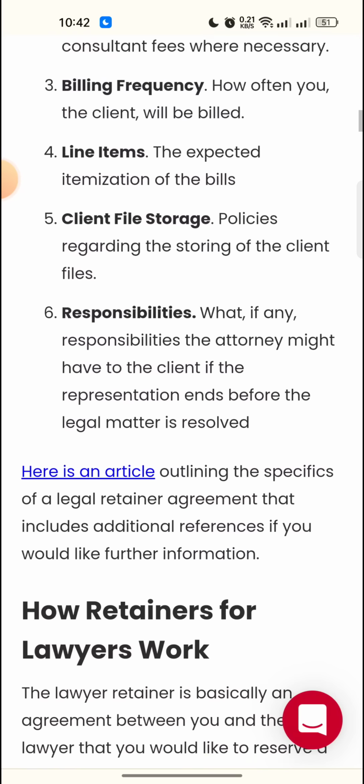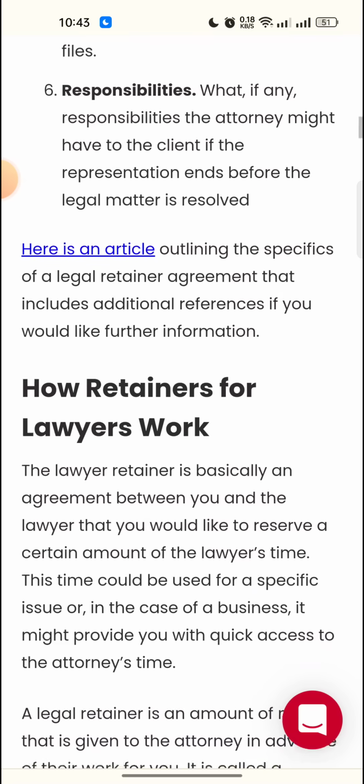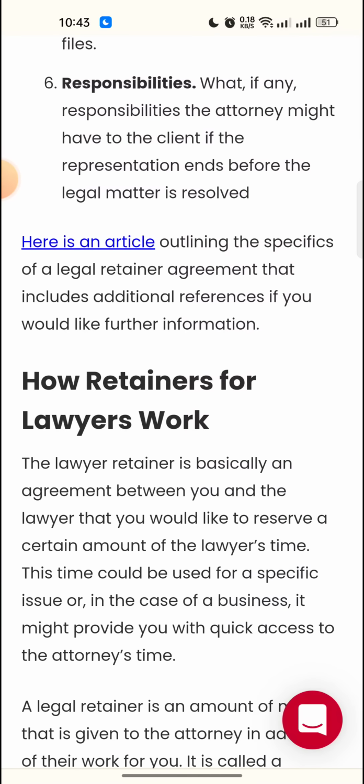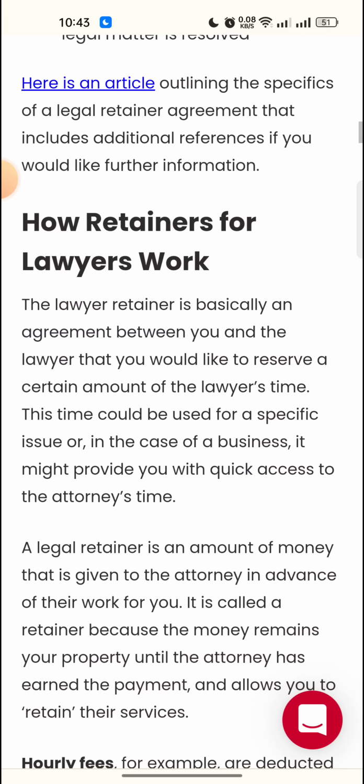How a retainer for a lawyer works: the lawyer retainer is basically an agreement between you and the lawyer that you would like to reserve a certain amount of the lawyer's time. This time could be used for a specific issue, or in the case of a business, it might provide you with quick access to the attorney's time.